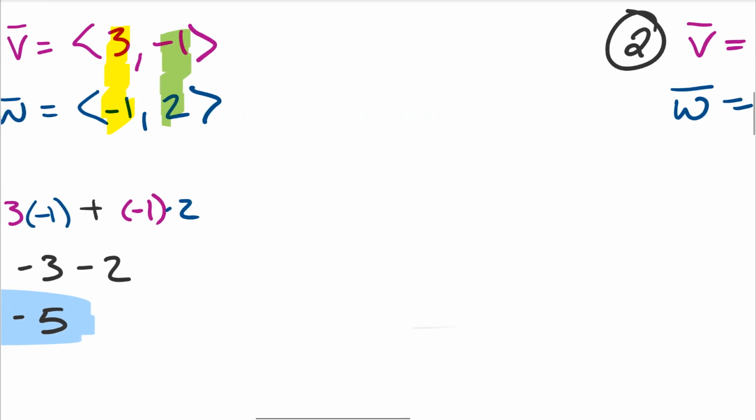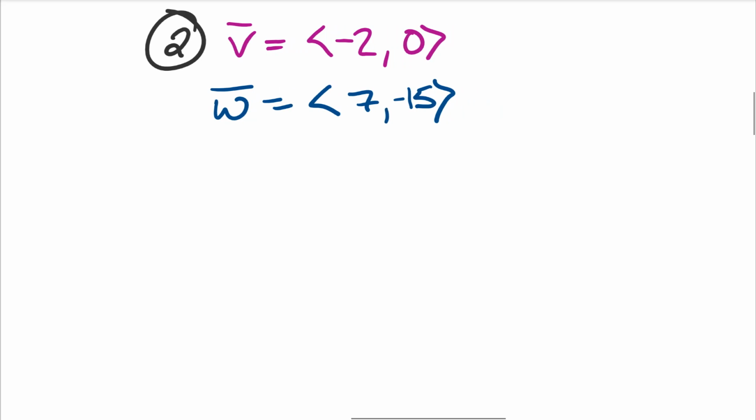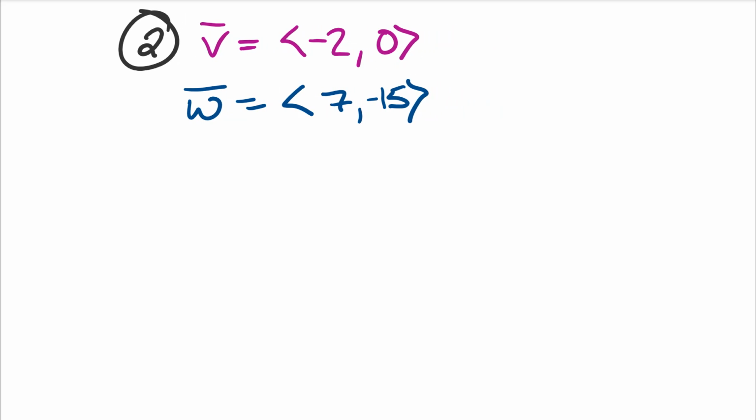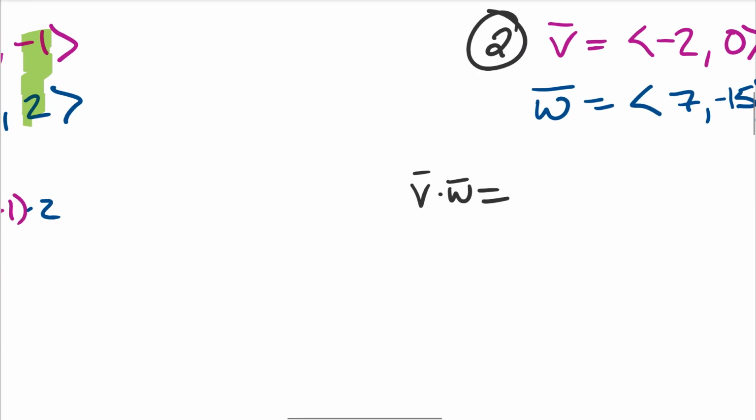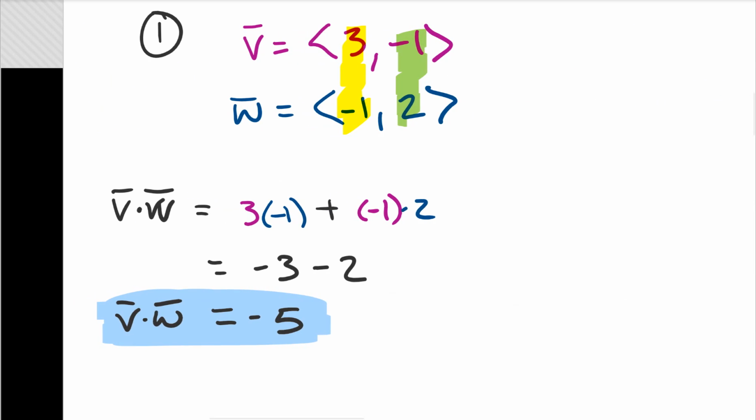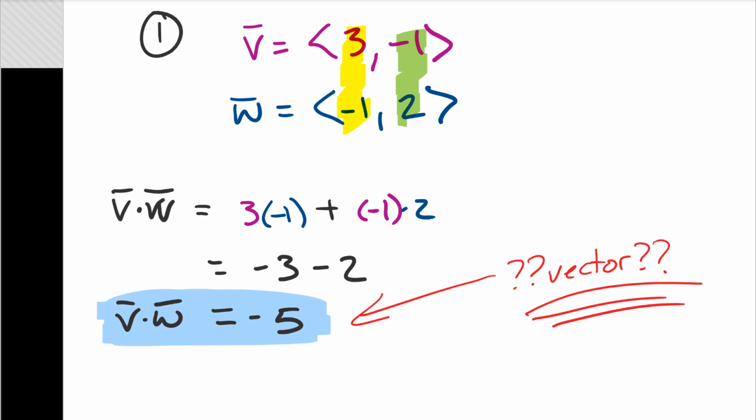Okay, moving on. Mechanics. Here we go. Now we're going to dot these two vectors together. Vector v dotted with vector w. Now look, wait a second. What was this answer? Is this a vector? Absolutely not.